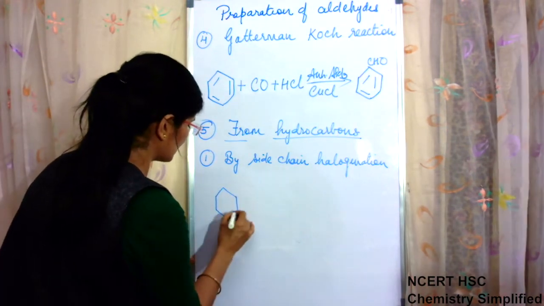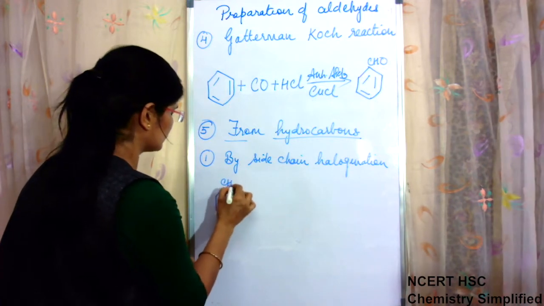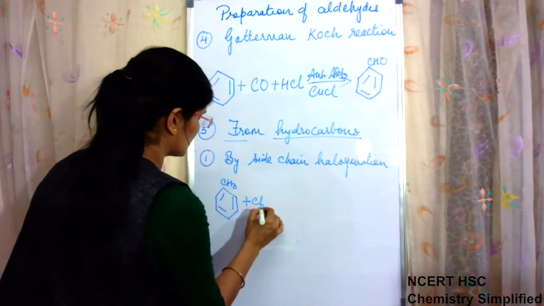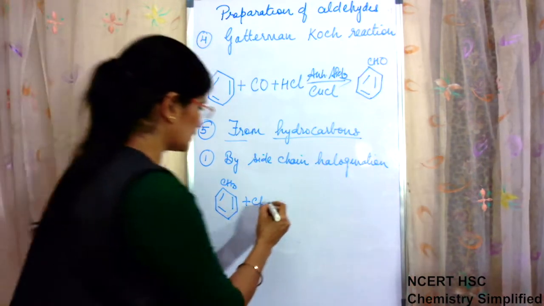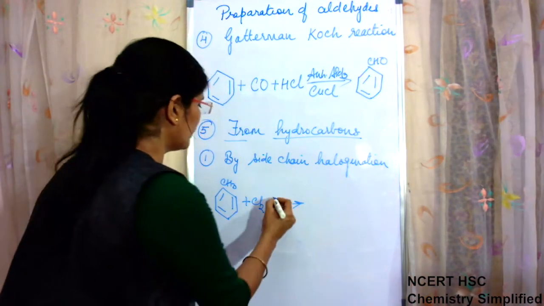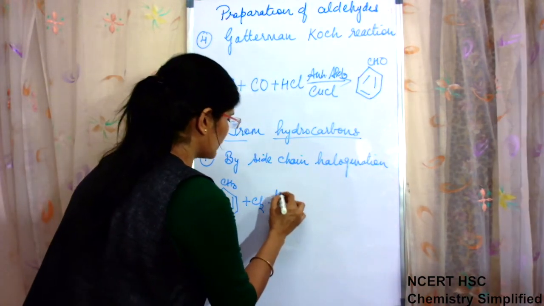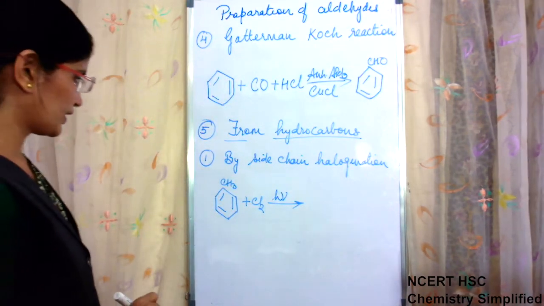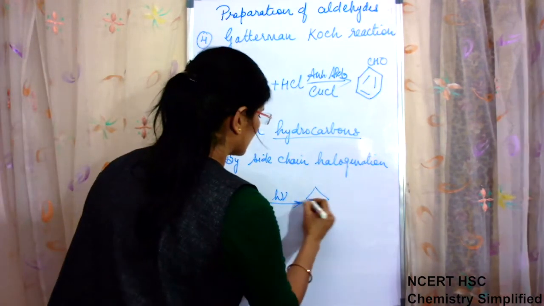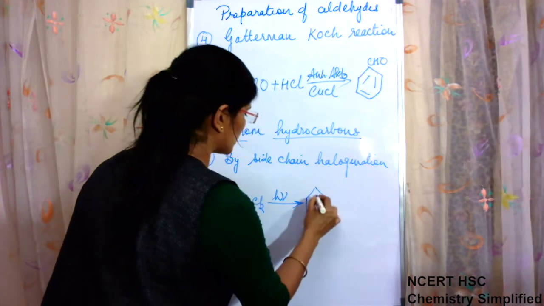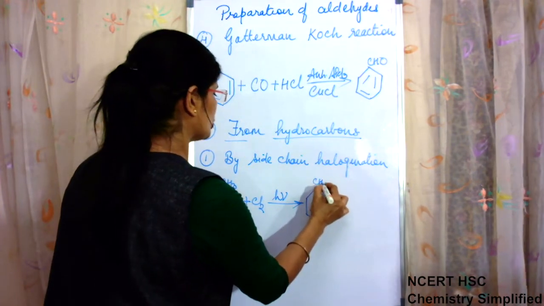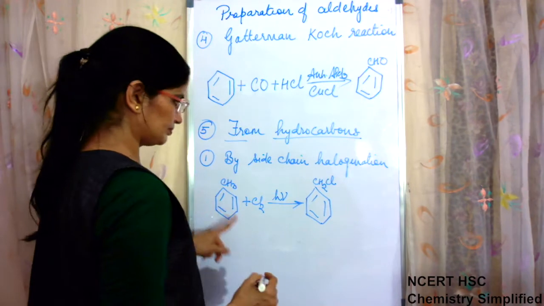When methyl benzene or toluene is reacted with halogen, chlorine, bromine in presence of light h nu, then halogenation of the side chain occurs, giving CH2Cl.